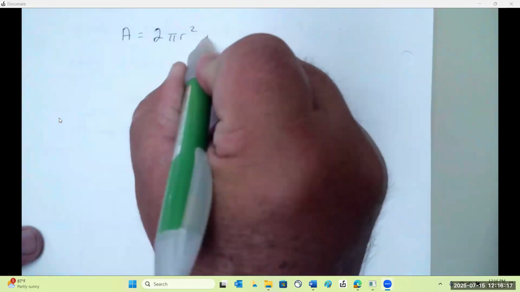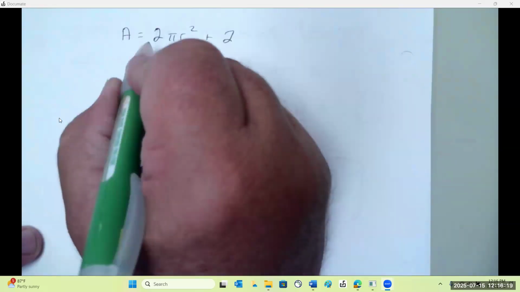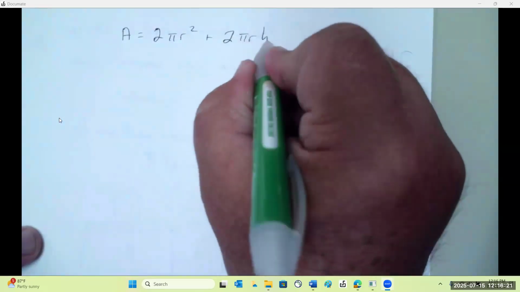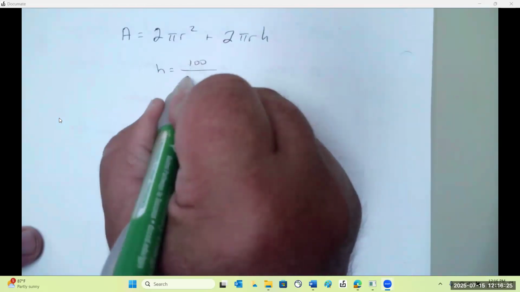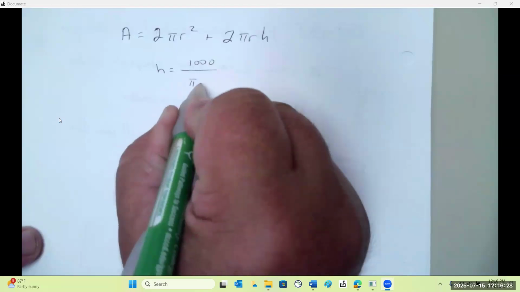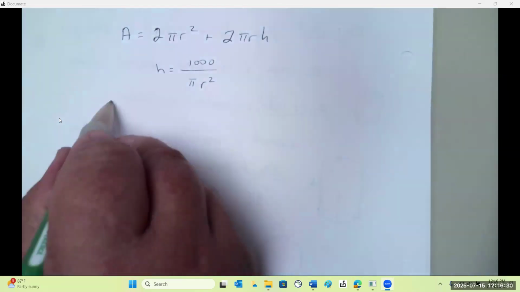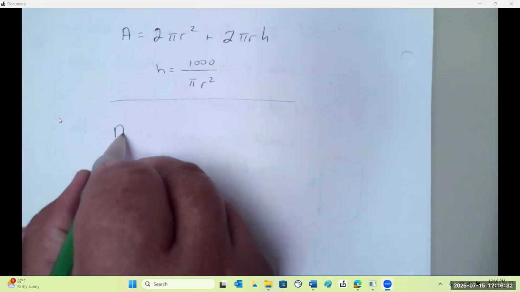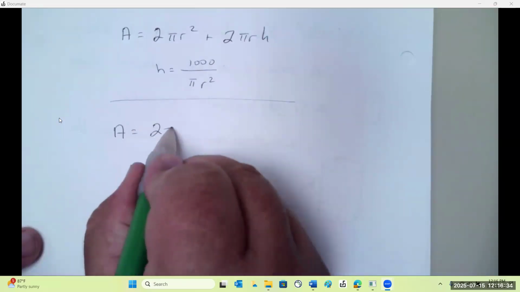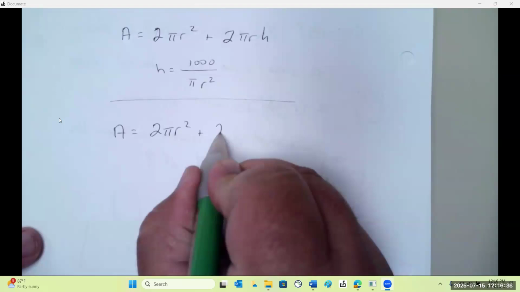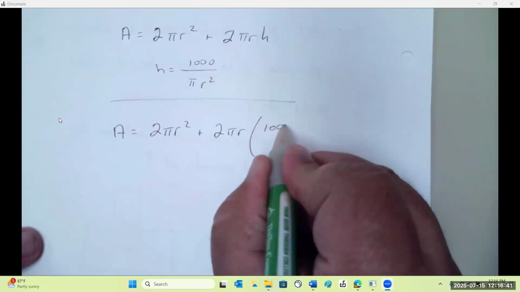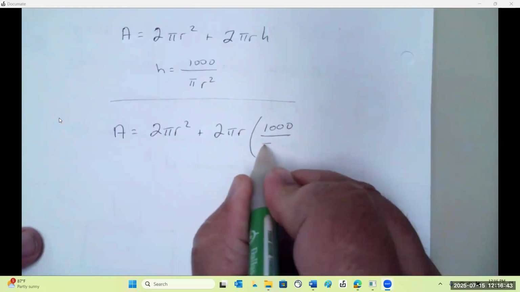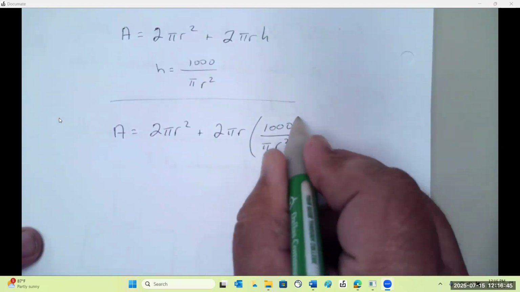We have 2 pi R squared plus 2 pi R H. We know H is equal to 1000 over pi R squared. Put them together. We get 2 pi R squared plus 2 pi R times 1000 over pi R squared.